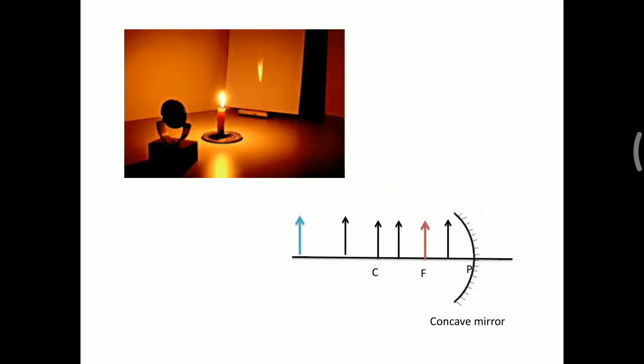In this diagram, I took a concave mirror, so I drew the concave mirror and marked the pole, focus and center of curvature. Here the position of the object is near the mirror. The red arrow mark is the object. So here the position of the object is near the mirror, maybe at focus.